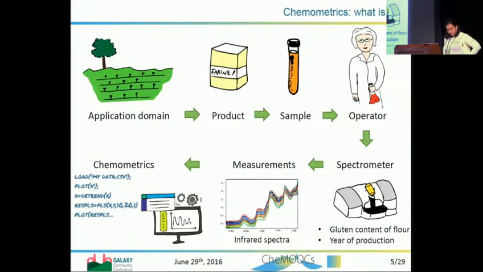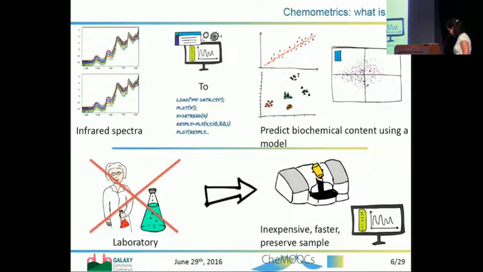The infrared data are displayed as spectra, and chemometrics is a science that aims to extract information from these spectra. In other words, chemometrics using infrared data allows us to predict biochemical concentrations, for example, gluten content of flour, using a model.